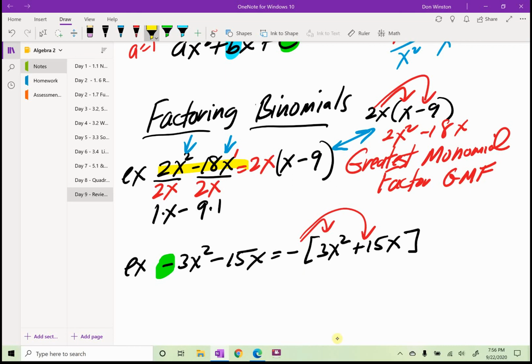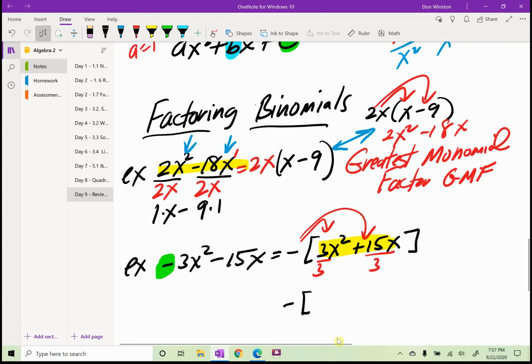Now we can factor this binomial. So there's my negative on the outside. Here I need to factor that binomial. The largest number you can divide evenly into 3 and 15 is 3.